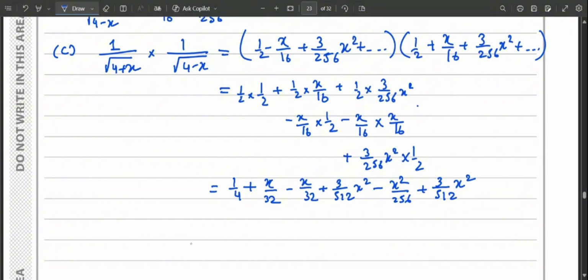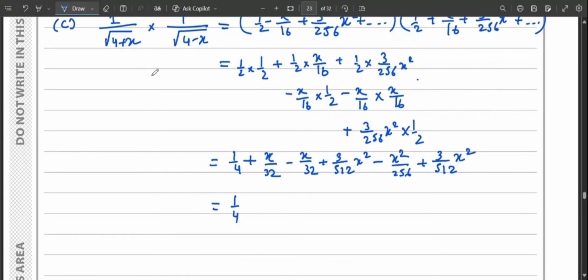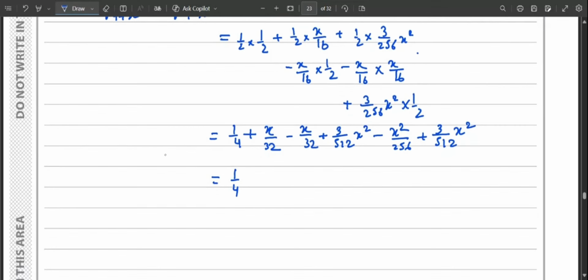And then we can simplify our x square terms. And this will give us 1 by 128 x square as our function.